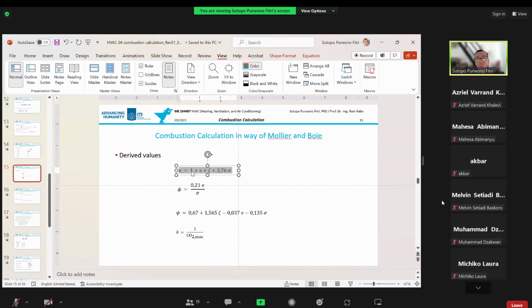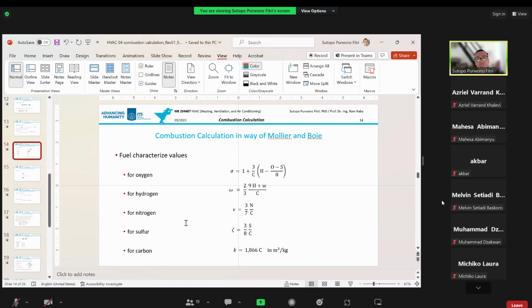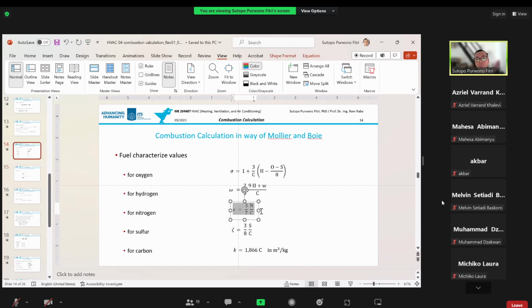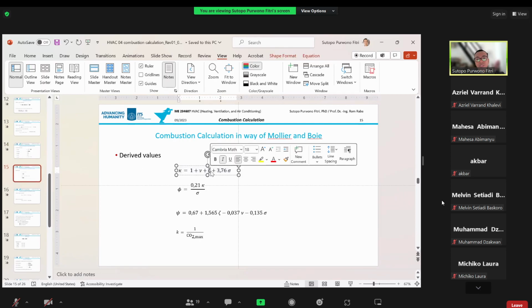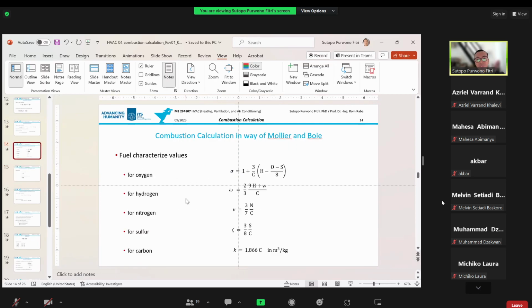So kappa itself is a function, or the accumulation, of several constants. The nu here you can calculate based on this formula, and then the zeta here based on this sulfur formula, and for sigma you can use the oxygen formula.